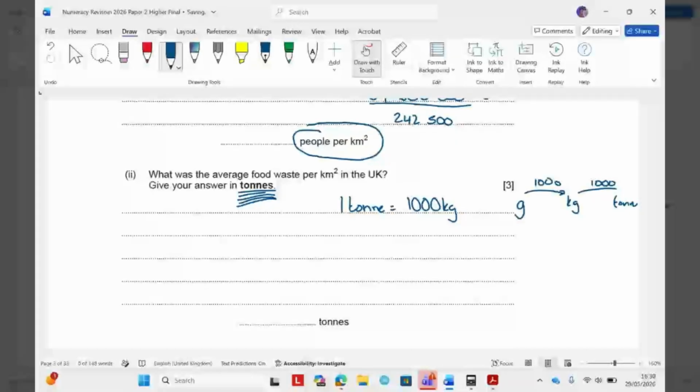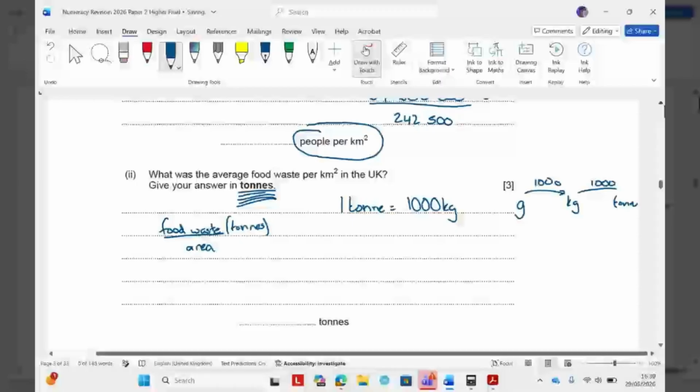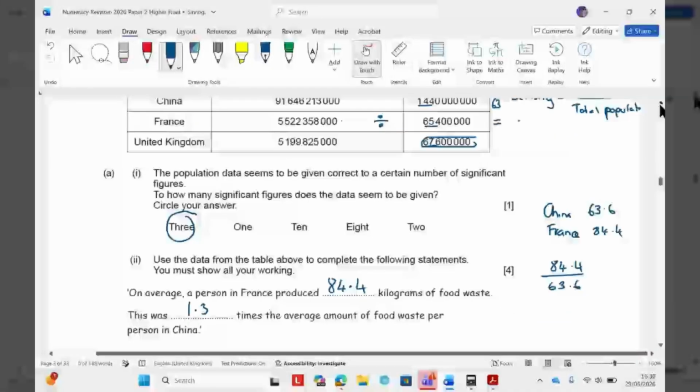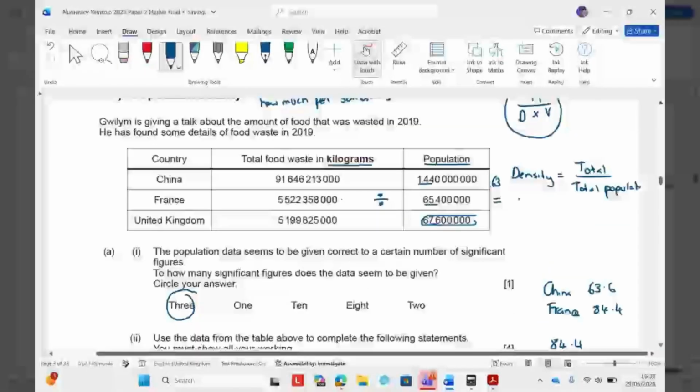Now this is food waste per kilometer squared. So here we want the food waste divided by the area, but we want the food waste in tons. But they've given us the food waste in kilograms, I believe. The United Kingdom. Yeah. So basically, we'd have to divide this by 1,000, get rid of those 3 zeros.